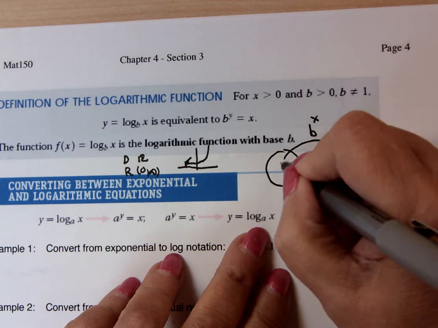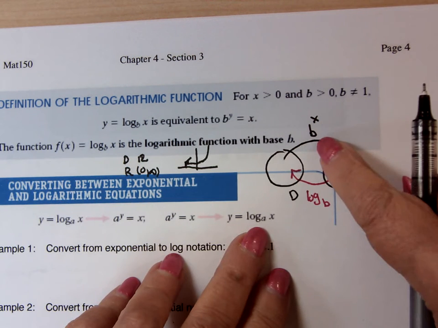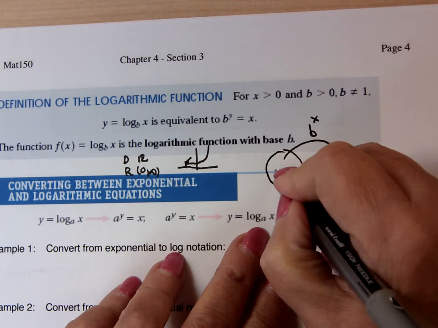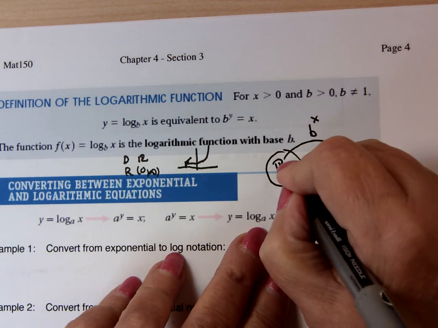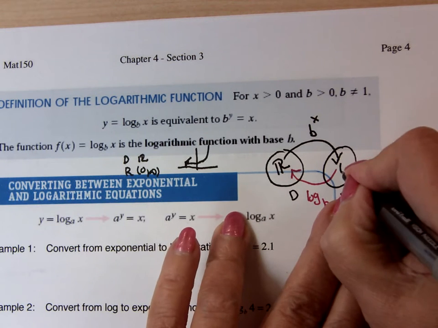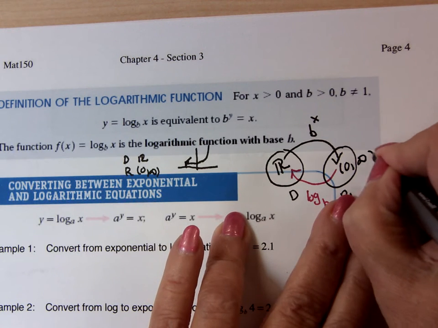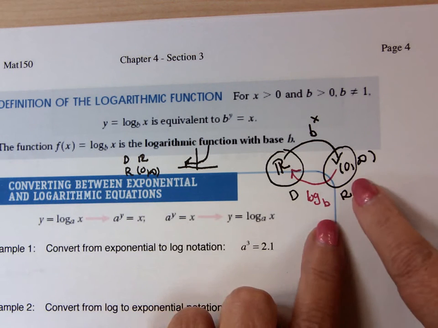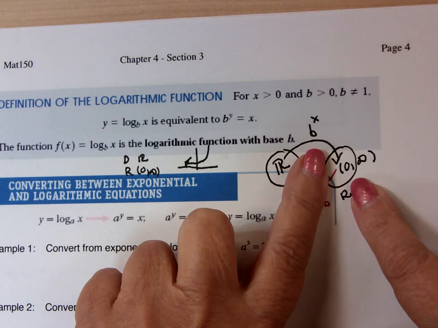Well, if I'm going from the domain to the range, and the exponential function is the one that does it, that means all real numbers is in the domain, and 0 to infinity is in the range. So what the logarithm has to work with are only numbers between 0 and infinity.